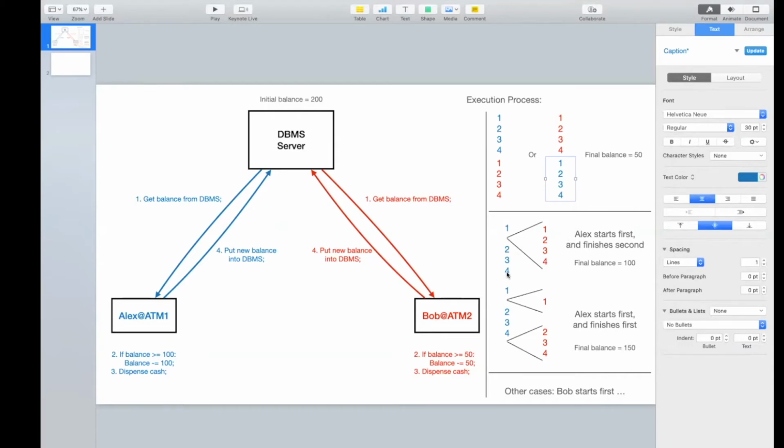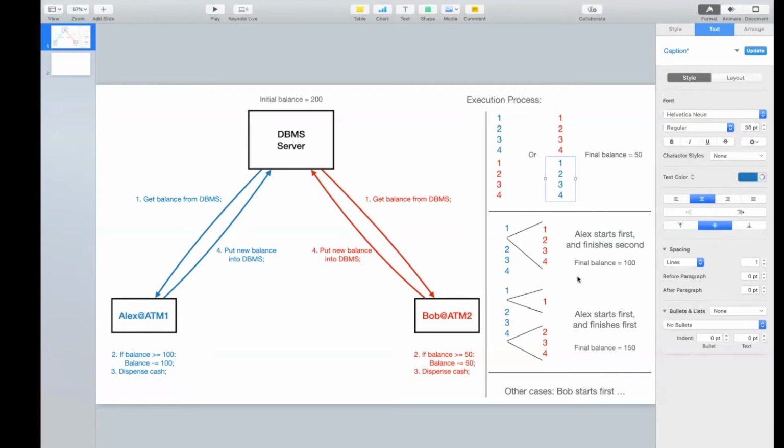So he does the red transaction from step 1 to step 4, and after Bob's transaction is finished, we continue with Alex's transaction. In other words, Alex starts first before Bob, and he finishes later than Bob.